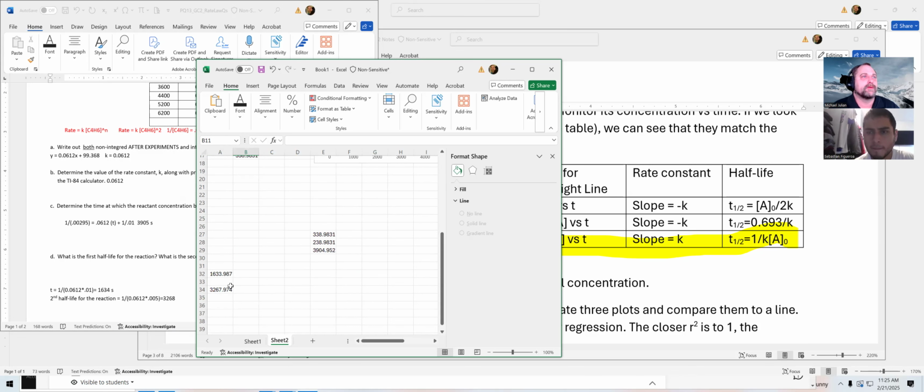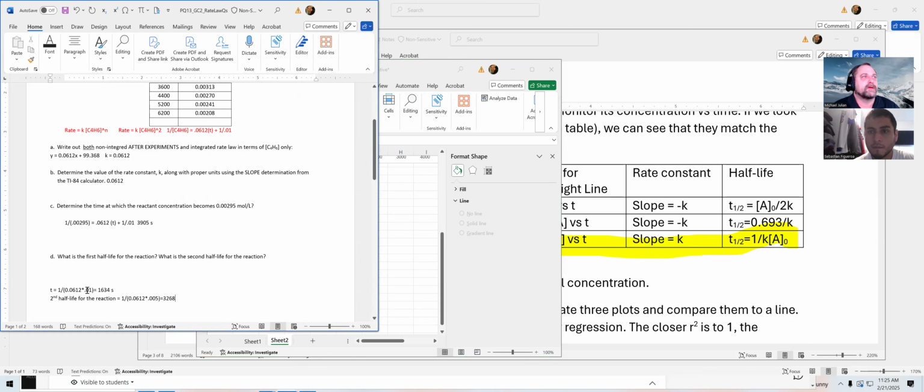Another thing that we can certainly do is we could have just said it takes twice as long. So this half-life was 1634. And then if I double that, I actually get my 3268. So I'm just going to multiply this by twice the time. And that gets me to my half-life for second order. That works.